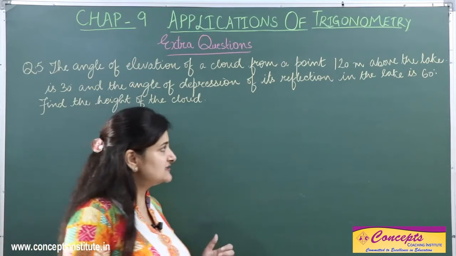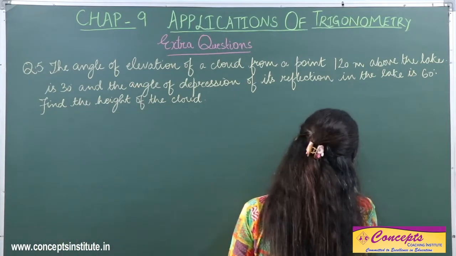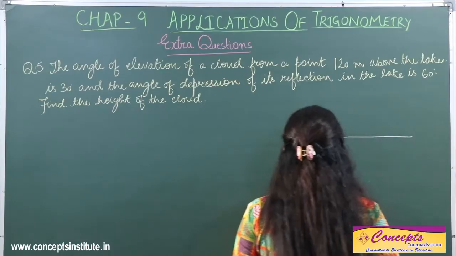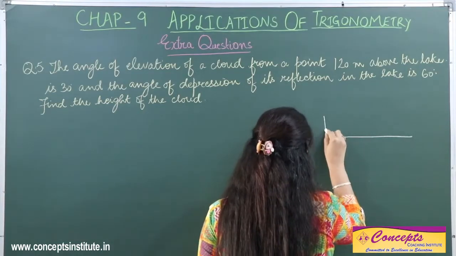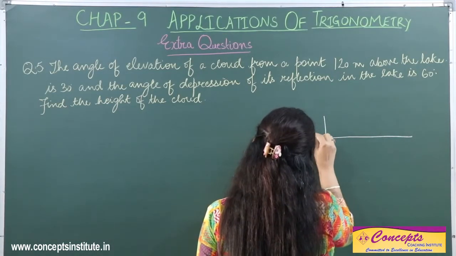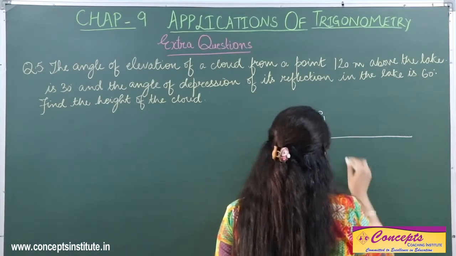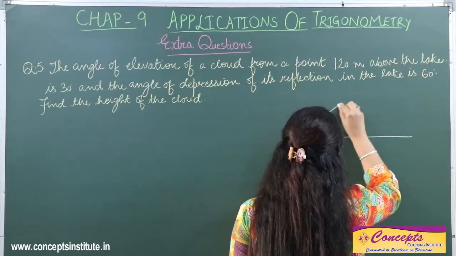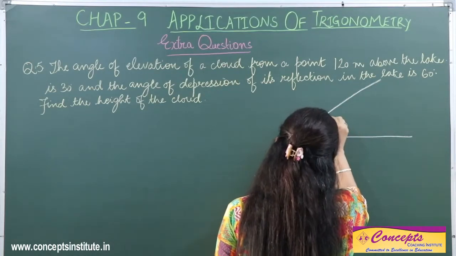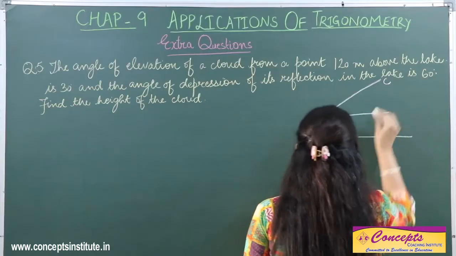Now students, just look at that. Let's make a figure of this. Now let's say this is the lake. Now there is a point 120 meters above the lake. Let's say this point is P. Now the angle of elevation of a cloud, so let C be the cloud.